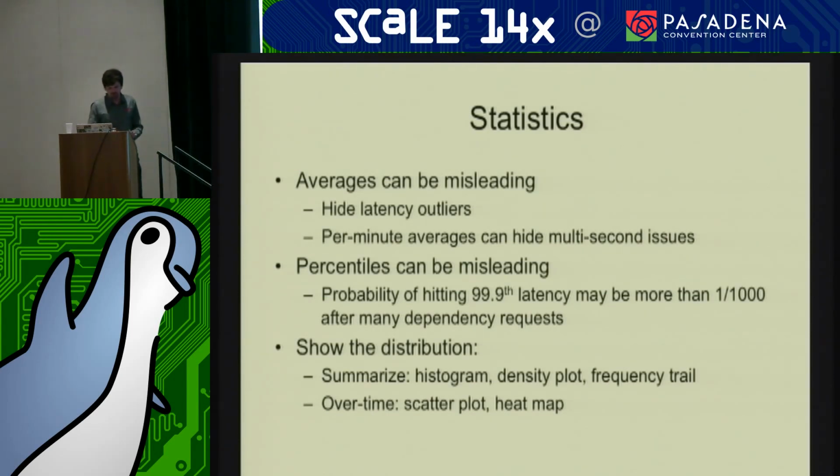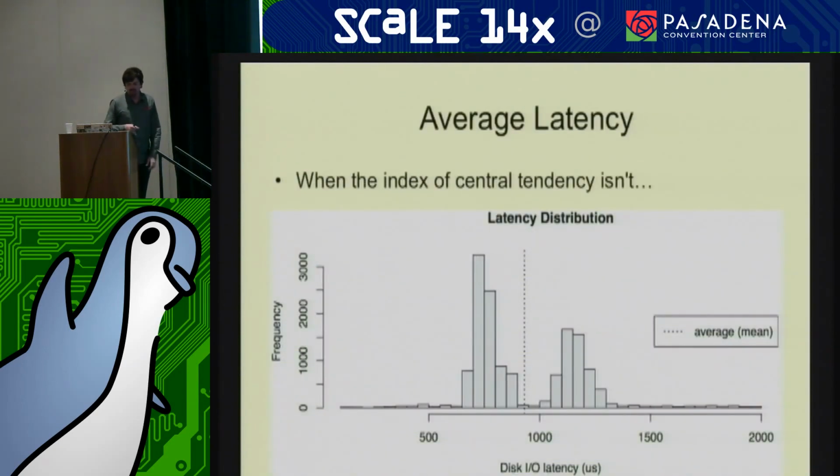What we like to do is to look at the distribution. And so there's lots of different ways to do that. In this example, I've plotted the latency of disk I/O, latency on the x-axis, frequency of disk I/O events on the y-axis, and it's multimodal. So you have a low latency distribution of like half a millisecond, then a higher mode at 1.2 milliseconds.